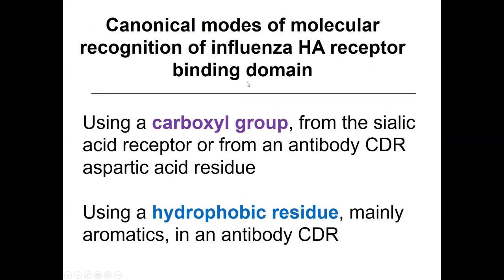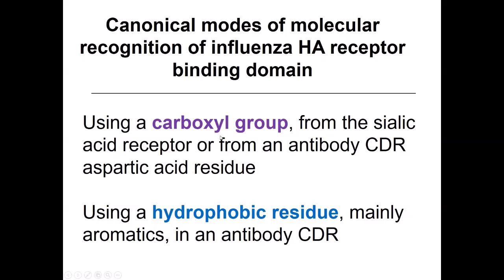Now, as we have done this type of work, making human monoclonal antibodies to influenza HA, our work and that of others has demonstrated that there are canonical modes by which antibodies recognize these structures, especially the receptor binding domain. And in the receptor binding domain, there's 2 principal ways that the tip of an antibody interrogates or recognizes the receptor binding domain.